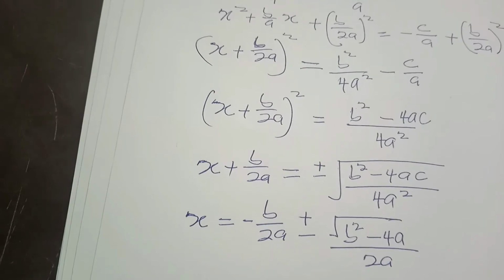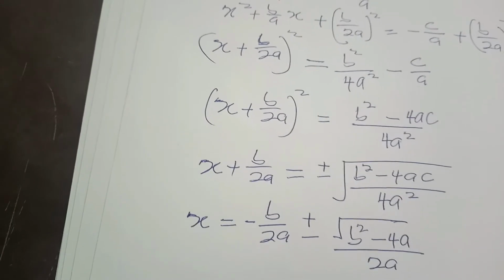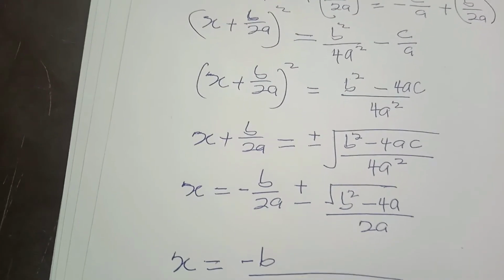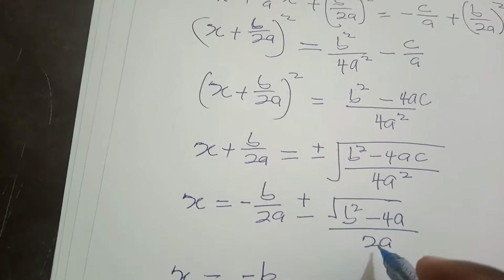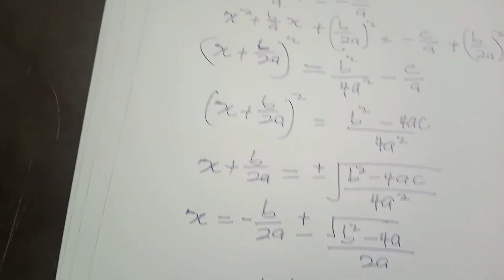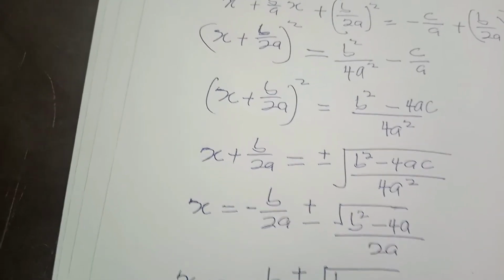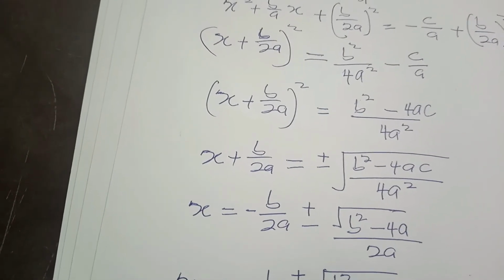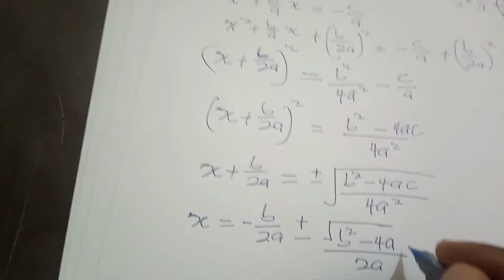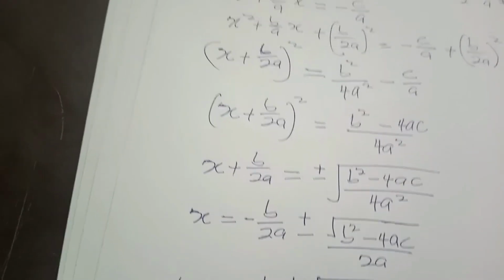Then 2a will go into 2a once. 1 times negative b will give us negative b. Then 2a will go into 2a once. Let me bring my plus or minus. 1 times everything here will give us the square root of b squared minus 4ac. I forgot to bring the c here. 4ac.